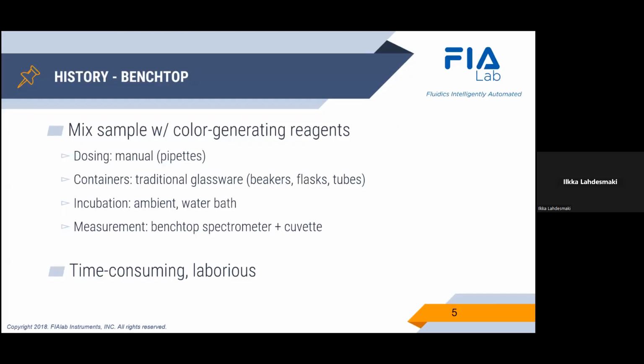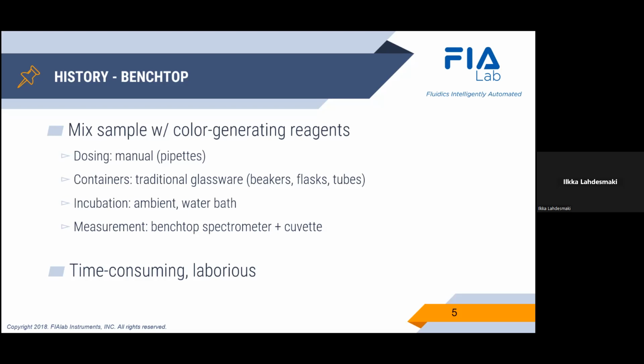So first, history. If we take a step back into the origins of colorimetric assays for wet chemistry, it all started, not too surprisingly, in a manual format. So these would be methods that a lab analyst would run on the benchtop using pipettes, beakers, cylinders, volumetrics, whatnot, to aliquot a volume of sample, mix it with color-generating reagents and buffers and so forth.